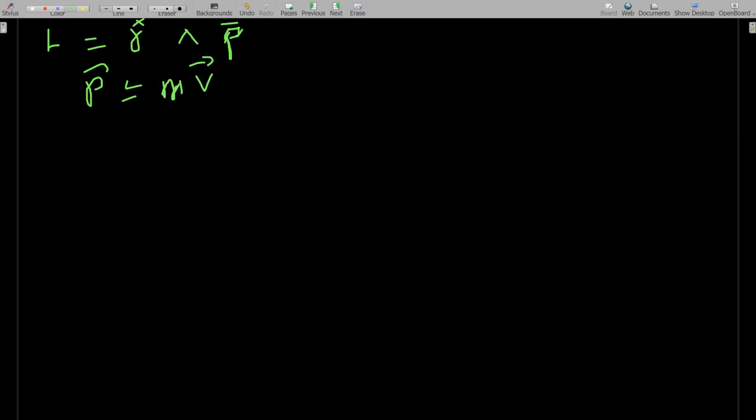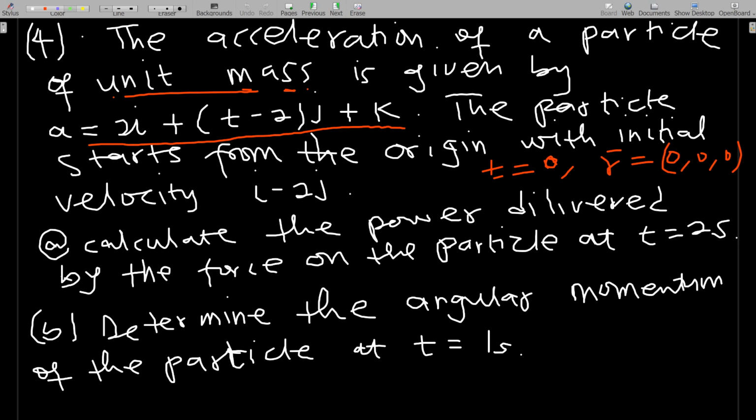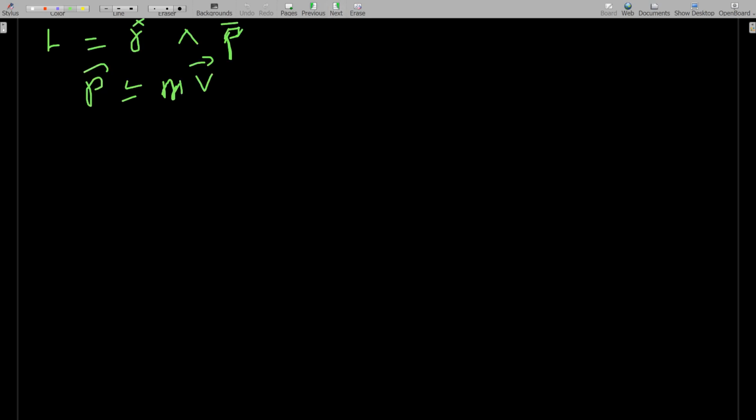The velocity was given as this one, so don't throw it away, you keep it there. The question says we should find the angular momentum at time t equals 1 second.